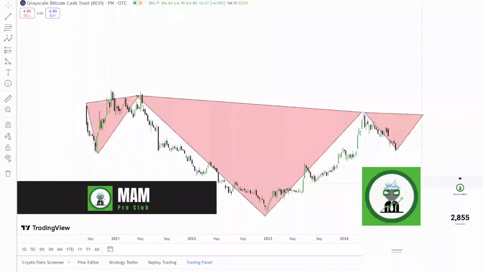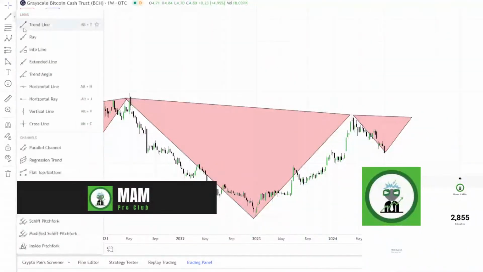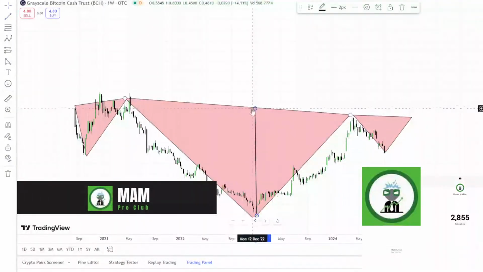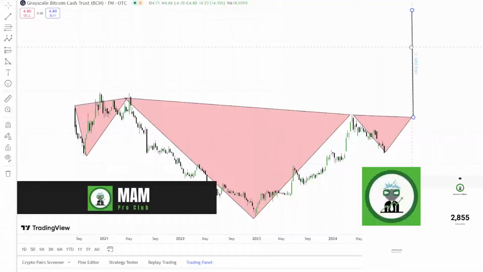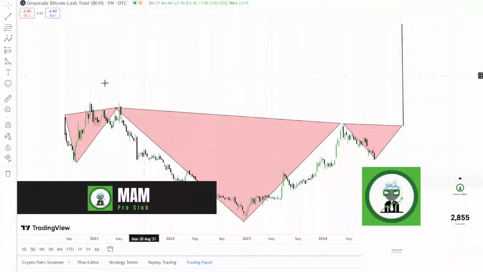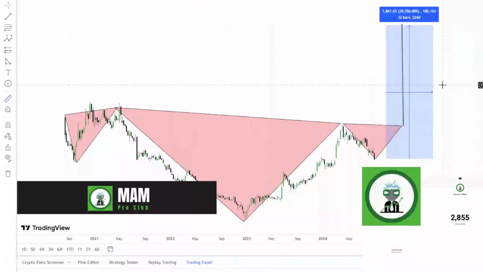And that is a huge reversal pattern over 4 years. You take the measurement of the head all the way across there, somewhere like that, you place it on the breakout zone, and all of a sudden that is where you want Bitcoin Cash to be. So from here to there, 40,000%. That's your hopium chart. That's what you would want.